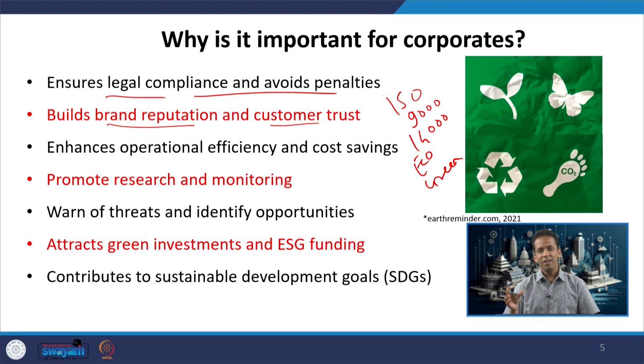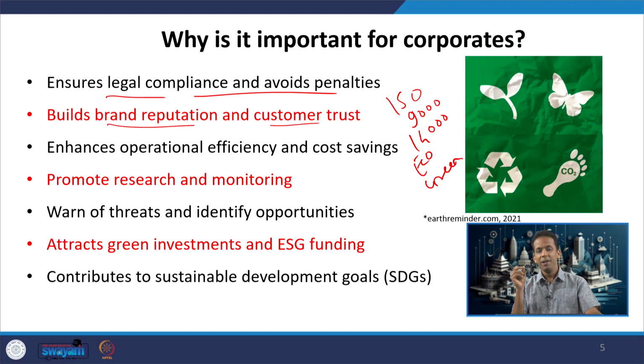So, they see whatever money they are investing in, or whatever product they are buying from the market, whether it has a very significant impact on the environment or whether it is environmentally friendly. Like organic farming or organic produce versus normally grown produce, if both are given at the same price, people will obviously prefer organic ones.